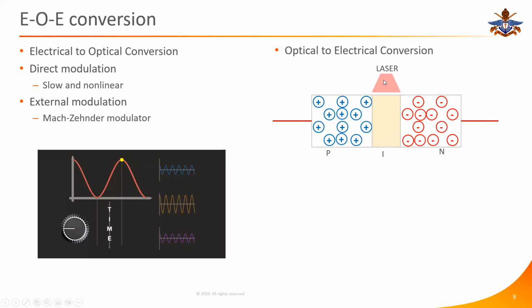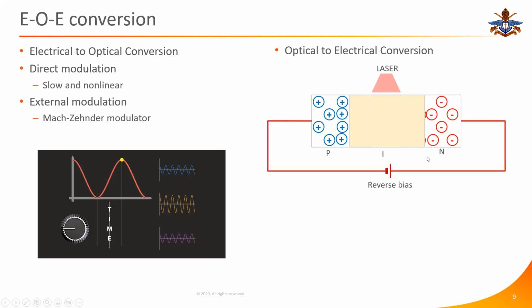Light is also a source of energy. It energizes these bonds. Once you put energy into a bond, those bonds can break. So it could create more holes on one side, more electrons on the other side. And because of that, a small current can flow through the region.